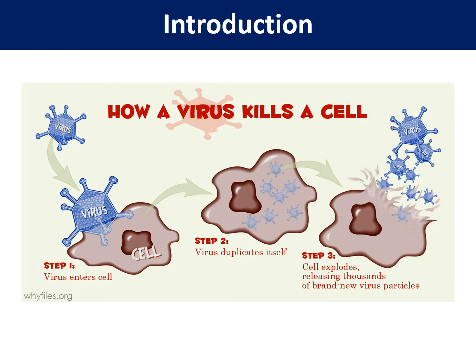Once viruses are taken up by cells, they traffic the intracellular space and release their genomic materials to replicate themselves. And then the cell explodes, releasing thousands of brand new virus particles and infect another cell, and so on, and cause the disease. So imagine what we can do if we can transfer the therapeutic gene by using virus as a vector.